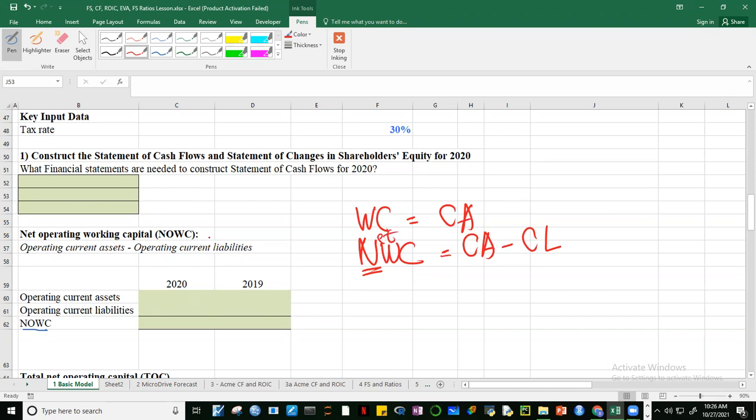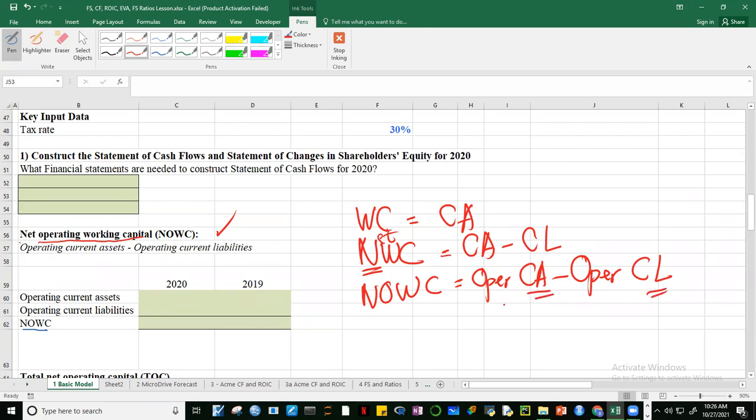Now what we're interested in this discussion is NOWC. So what's NOWC? It's net operating working capital. And it's equal to your operating current assets minus the operating current liabilities. So what we're interested in, class, is not all of the current assets, not all of the current liabilities, but only the operating.